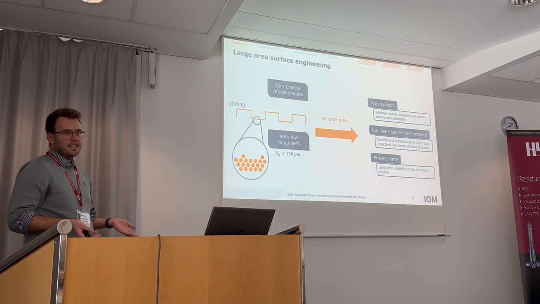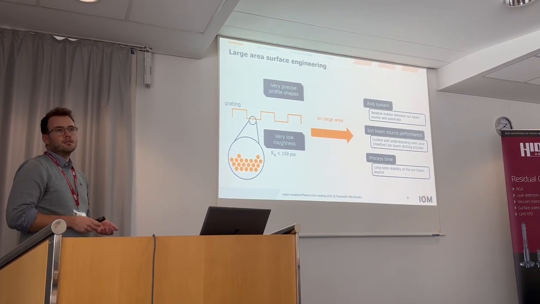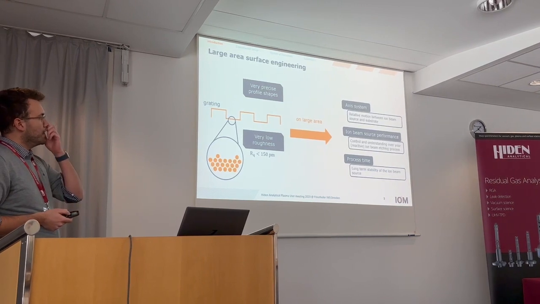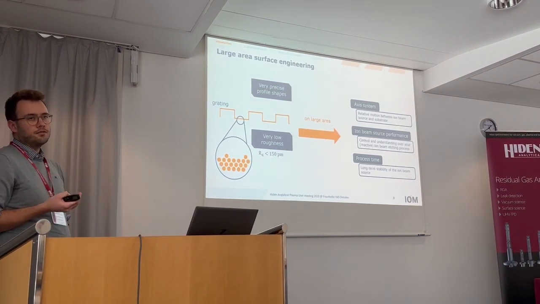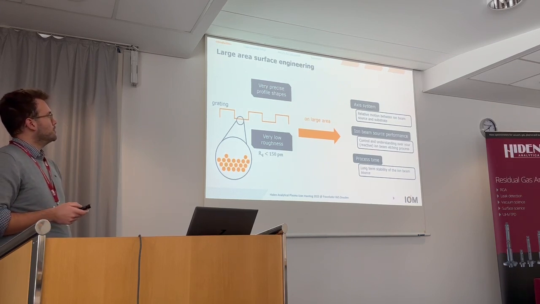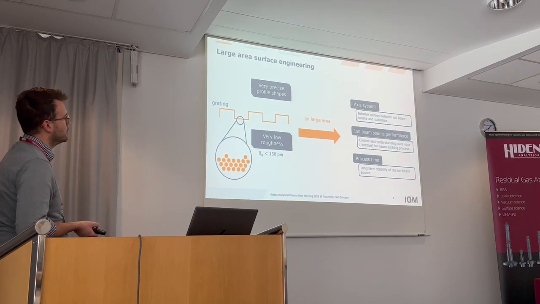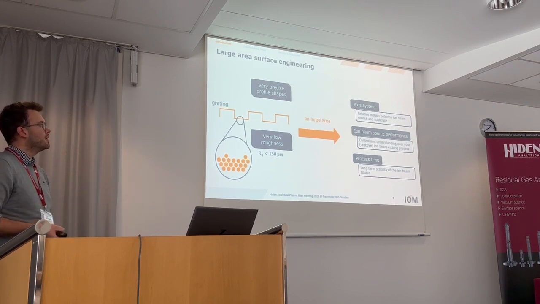But the consequence then is you have very long process times. We're speaking here of 10 hours up to 100 hours of process time, and you can easily imagine that the ion beam source performance, so the removal function of your ion beam source, is varying over that time, and in order to achieve a very precise profile shape, you exactly need to know what the removal function of your ion beam source is. So how is your ion beam etching process varying over time and evolving, and you want to predict that in order to have better results.